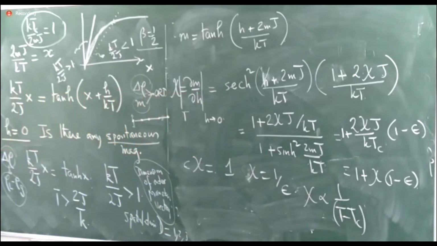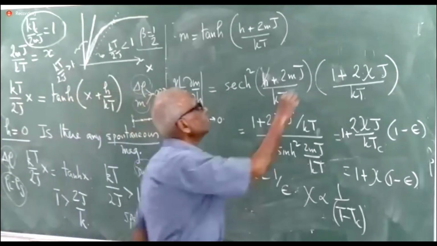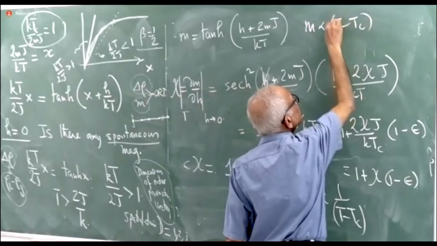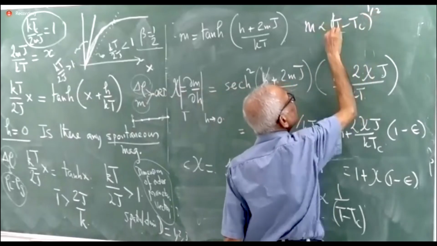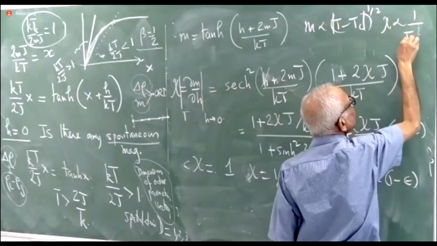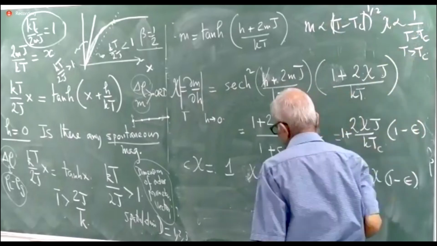It is 1 over T minus Tc here too. So the magnetization M goes like T minus Tc to the power half in magnitude, and chi is proportional to 1 over T minus Tc for T greater than Tc.